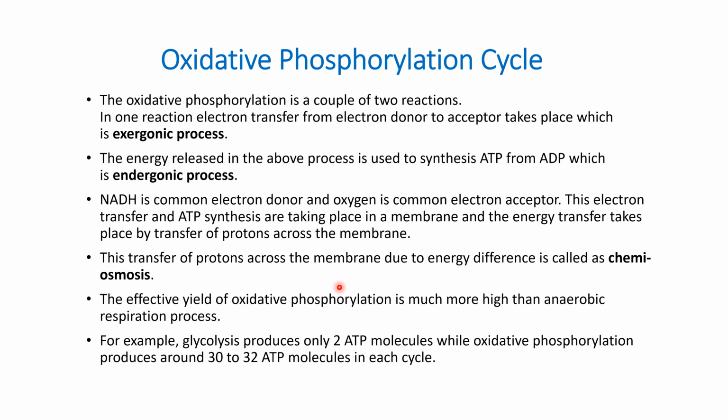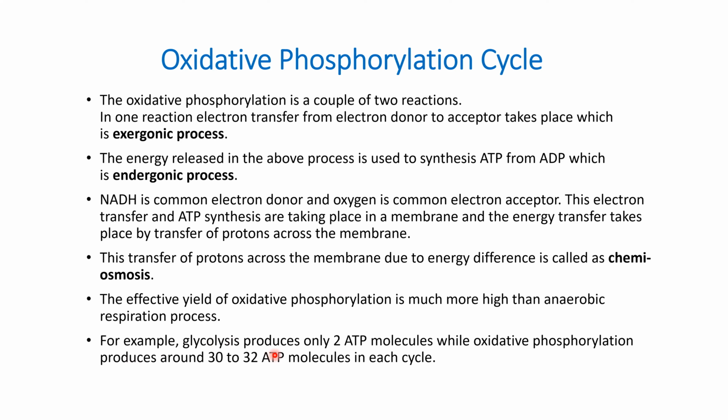And we get more ATP in oxidative phosphorylation than in a system where there's an absence of oxygen, which we term an anaerobic respiration process. So there is a limited number of moles of ATP produced because oxygen is not available as a common electron acceptor.